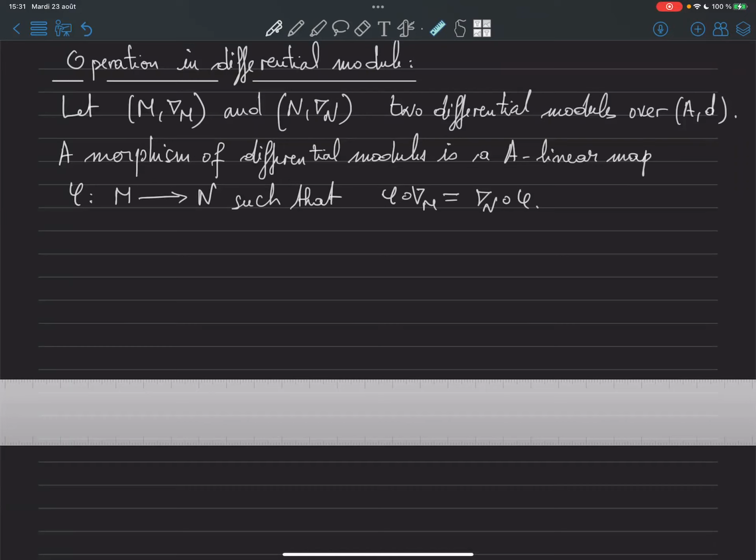Then we will observe, if we fix a basis, how we can express this condition.